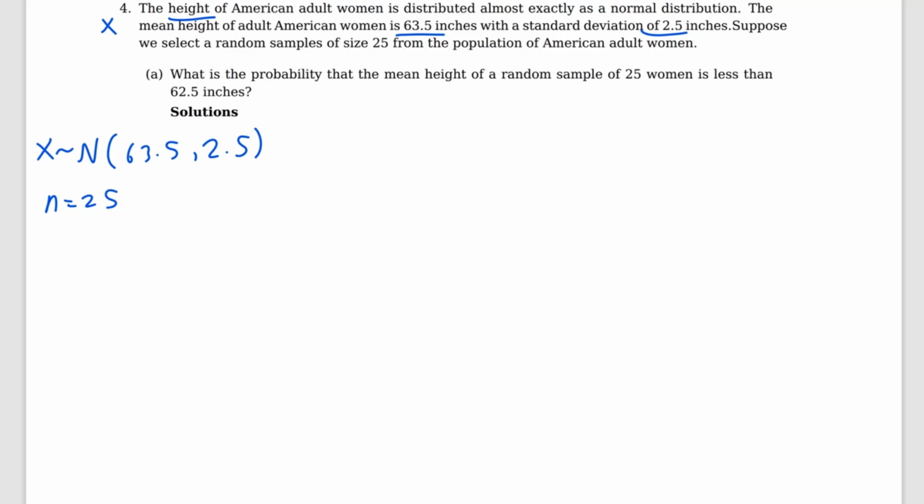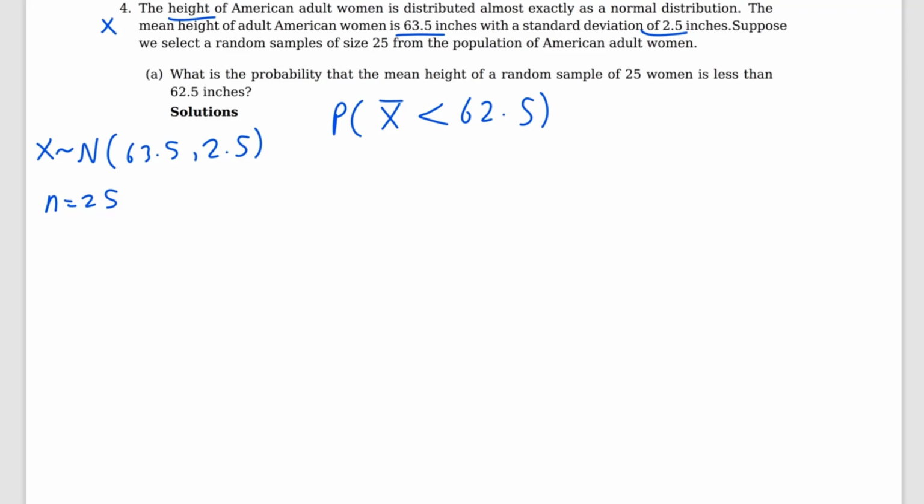But they are asking mean height, therefore we know probability of x bar less than 62.5.